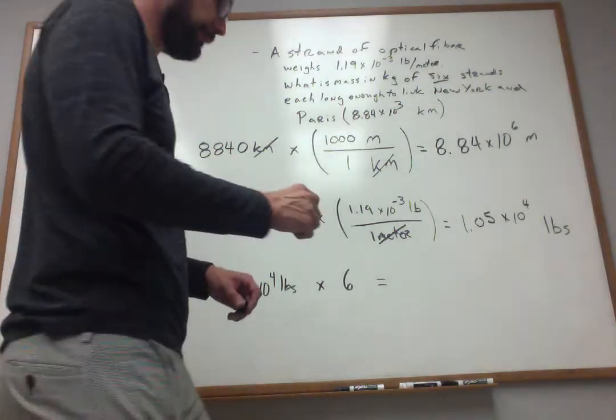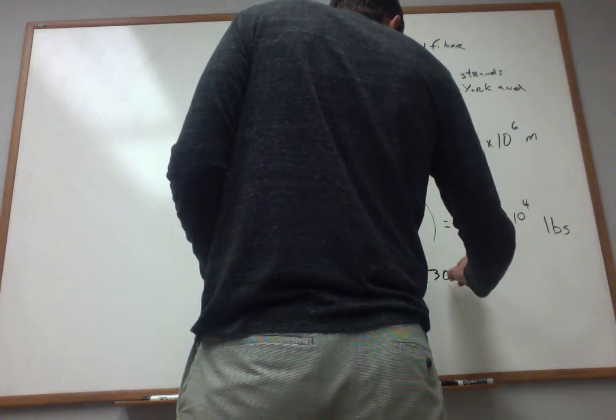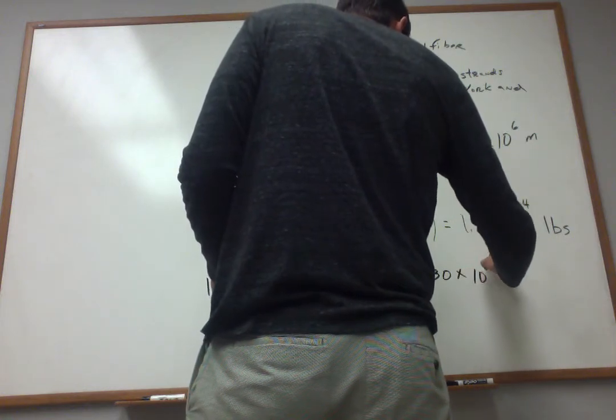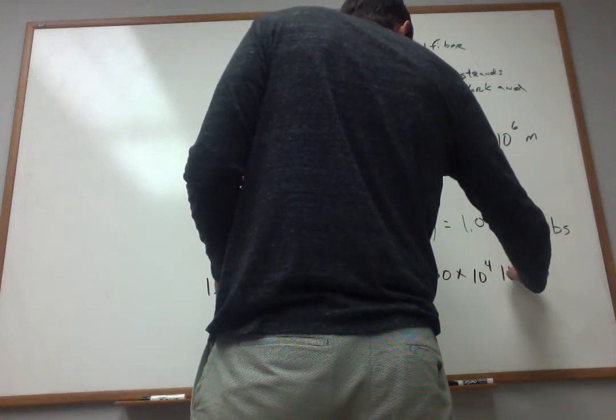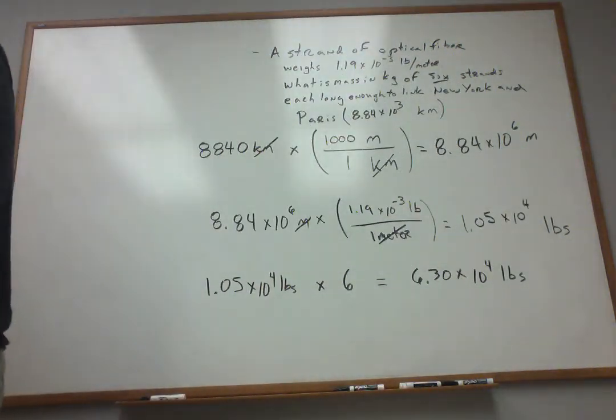And if I do that, looks like I get 6.30 times 10 to the fourth pounds. Now I'm up around 63,000 pounds. It's pretty heavy, right? So this is the mass in pounds of 6 of these strands.